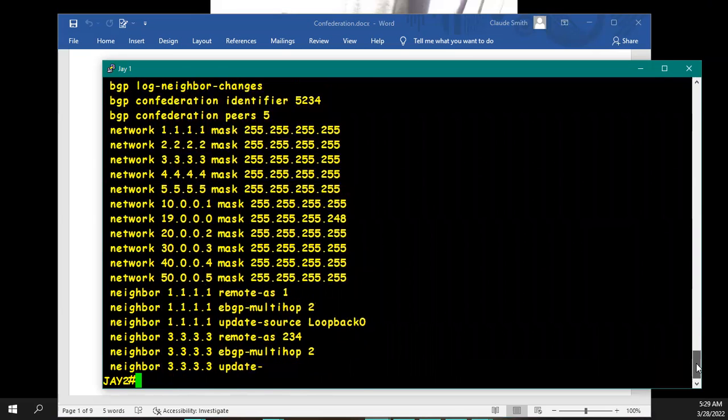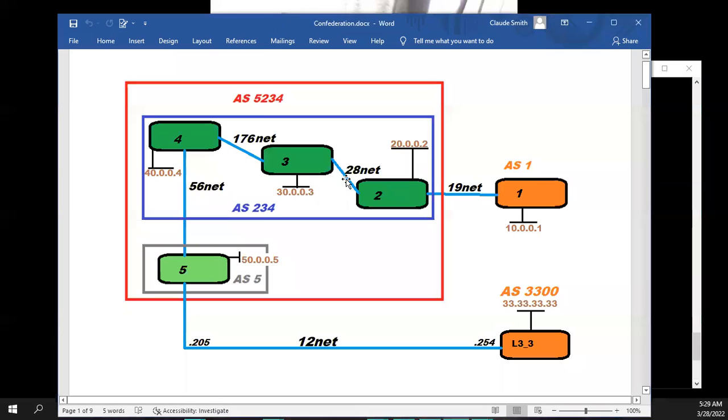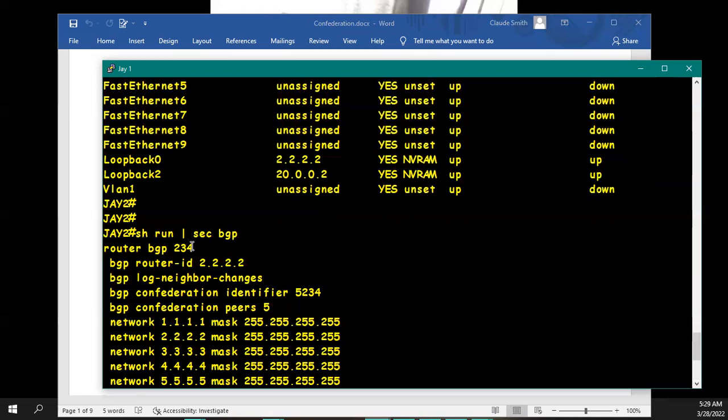So what you'll see is, like I described earlier, router number 2 is a part of autonomous system 234. Okay, so what we got here, you'll see the autonomous system. You'll see we have a clearly defined router ID.